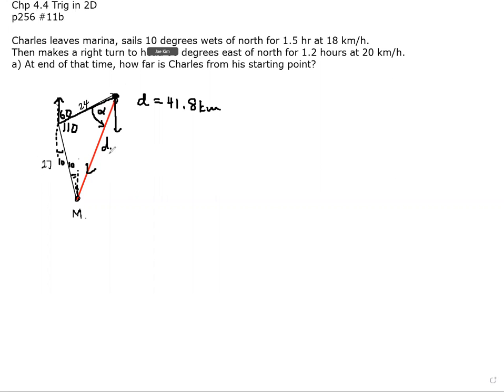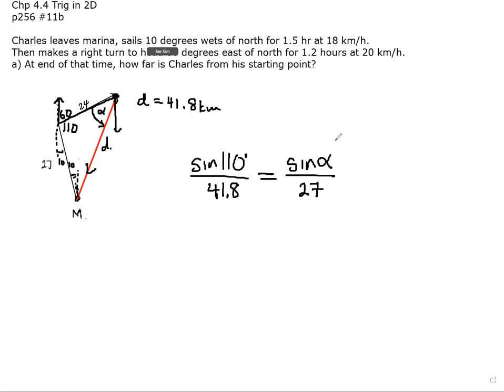And 41.8 kilometers is the matching angle side pair with 110. So using sine law, sine of 110 degrees ratioed with 41.8 should be the same proportion, same ratio as sine of alpha over 27 kilometers.